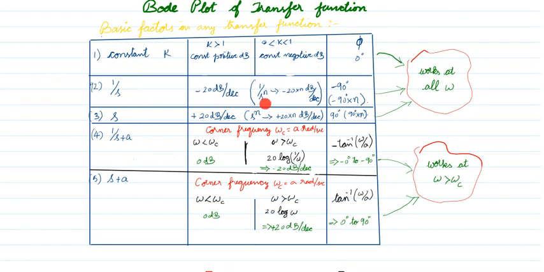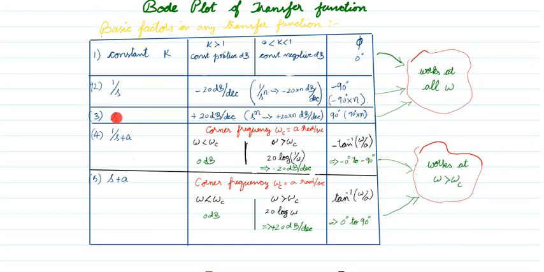This can be extended to 1 by s power n. Like 1 by s square means minus 20 into 2, 1 by s cube means minus 20 into 3 decibel per decade. For 1 by s, the phase angle is minus 90 degree. For 1 by s power n, the phase angle is minus 90 degree into n.